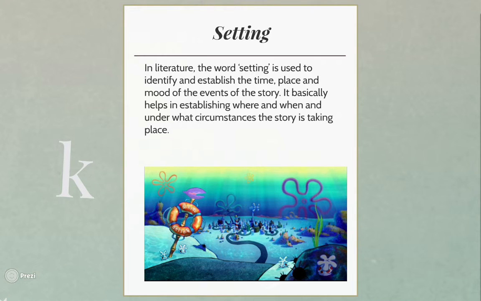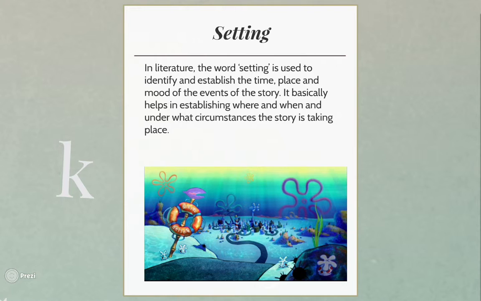The last one I want you to be aware of is setting. Now, I know this might seem obvious, but in literature, the word setting is used to identify and establish the time, place, and mood of the events of the story. It basically helps in establishing where and when and under what circumstances the story is taking place.